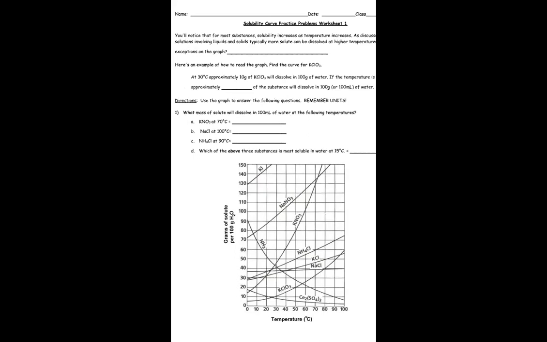So what is going to be the mass of KNO3 at 70 degrees Celsius? Please, you have to be patient and look at it very well. At 70 degrees Celsius, what is going to be the mass of KNO3? That's the mass of the solid. 130 grams.